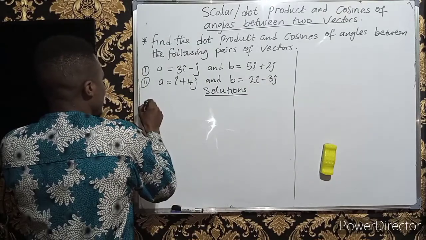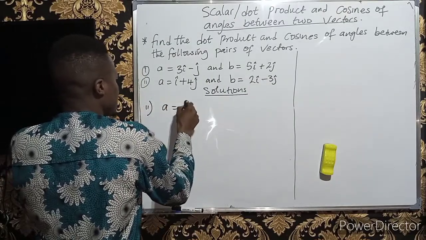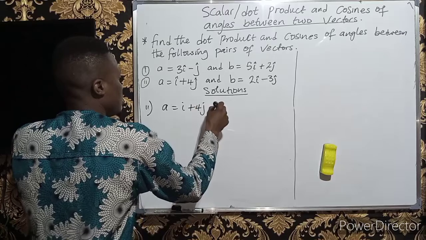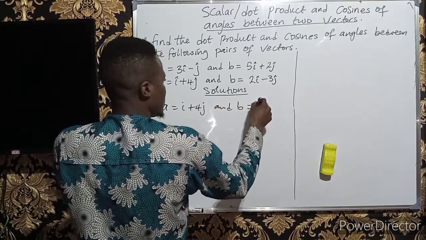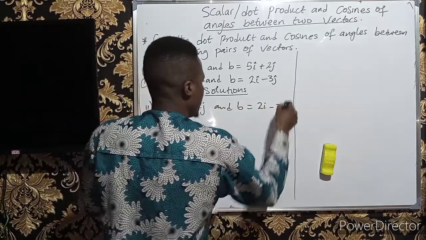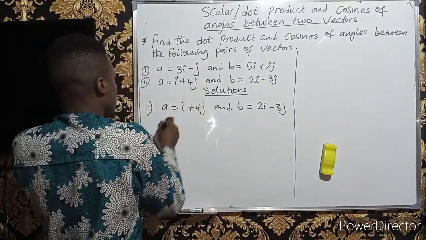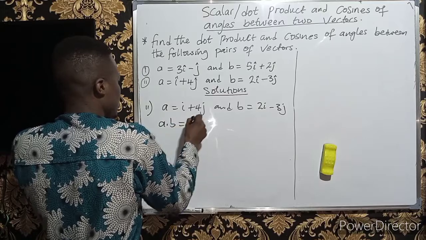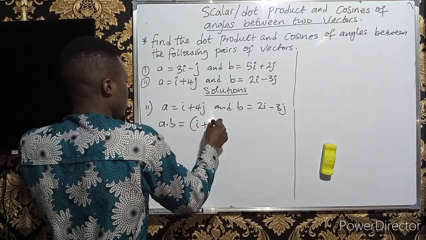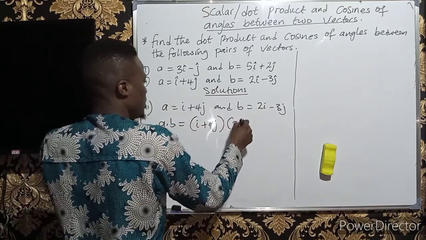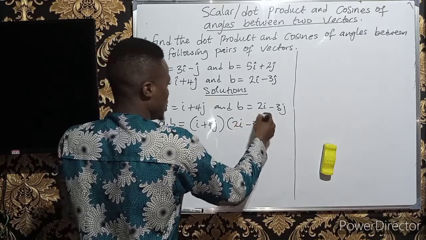So in the second question, we'll have vector a as i plus 4j and vector b as 2i minus 3j. So let us get a dot b, the dot product. So a dot b will give us i plus 4j multiplying 2i minus 3j.